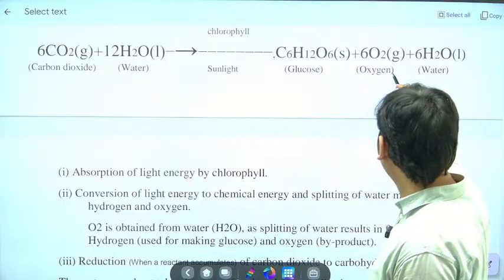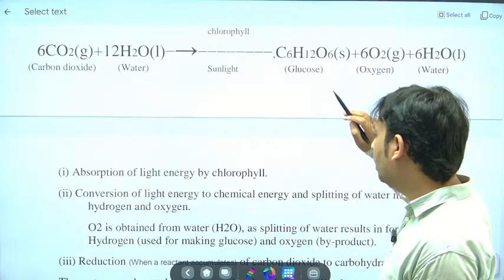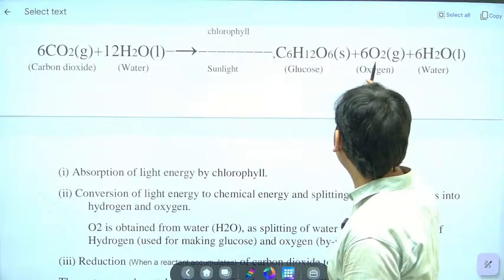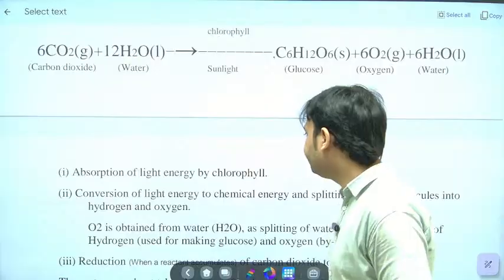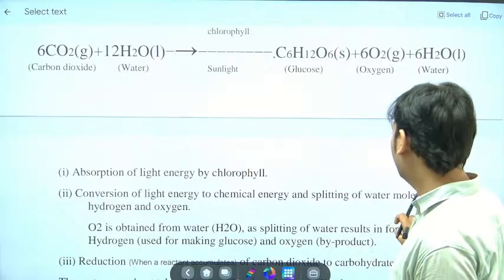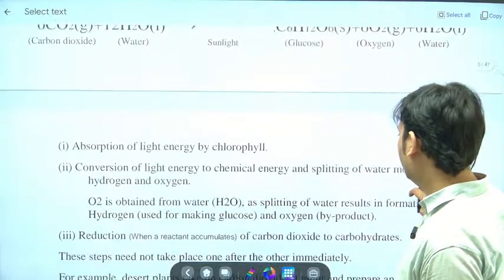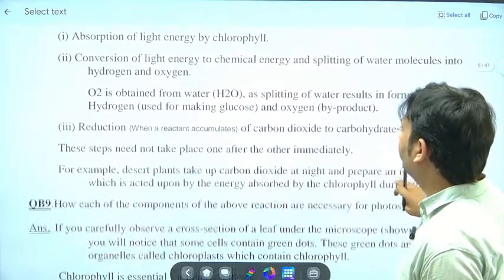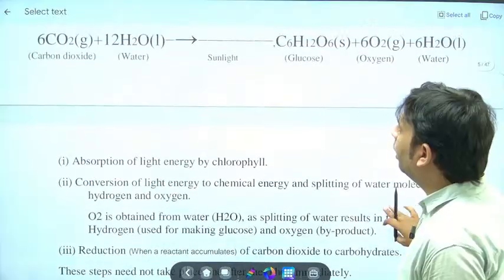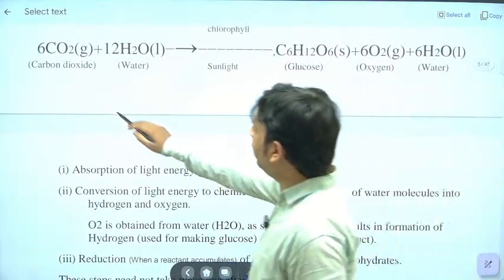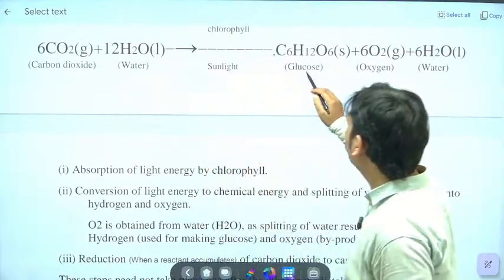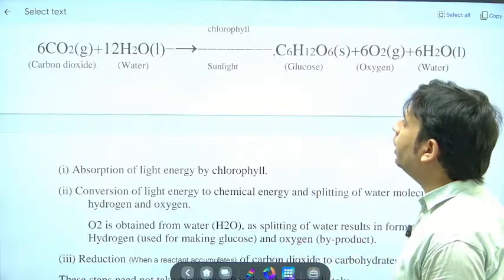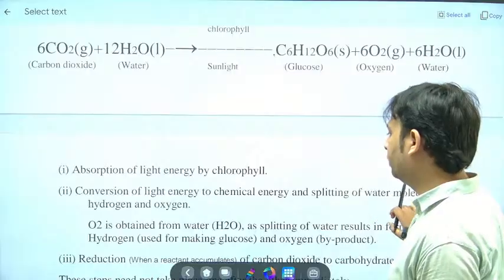This oxygen is obtained from water, and carbon dioxide is reduced to glucose. So these are the events of photosynthesis.